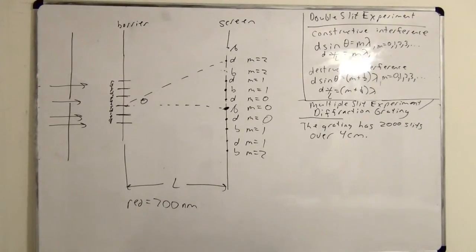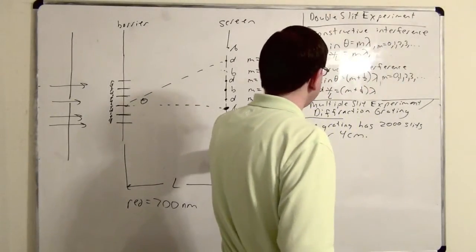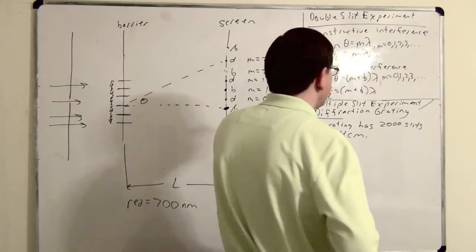Good. Let's get an answer for that. So D will be 0.002 centimeters. So what units do we want our answer to be in? Meters? Yeah, or centimeters.